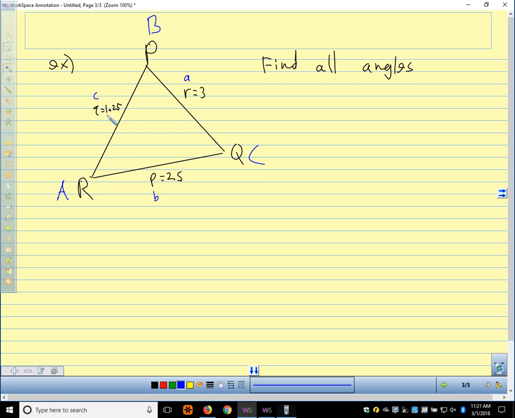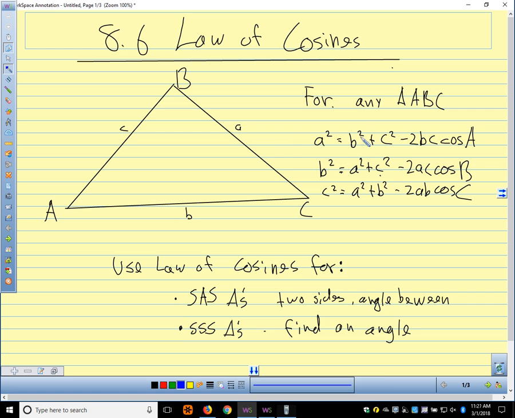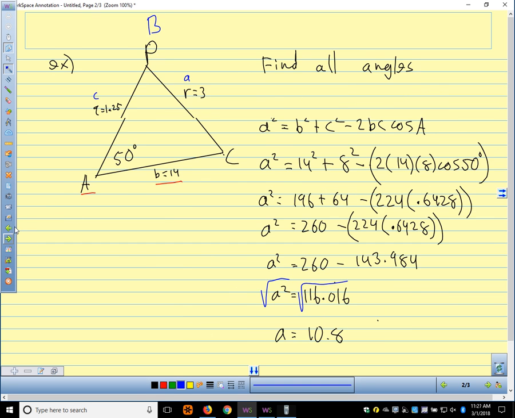My personal preference, I always think of the law of cosines this first way, so I like to label my triangle so that I can always set it up this way.